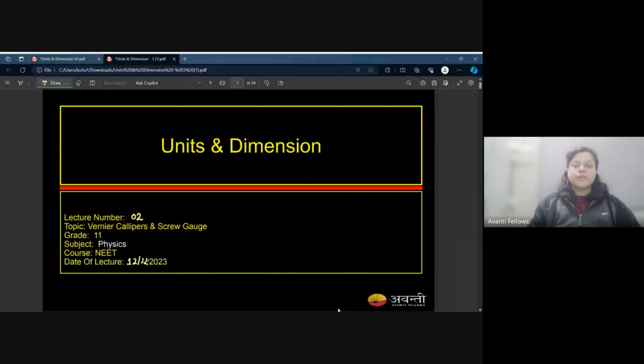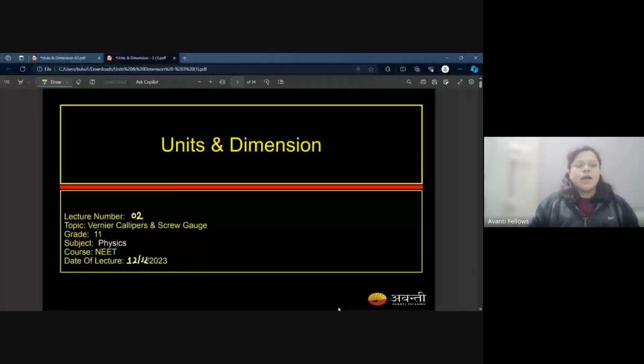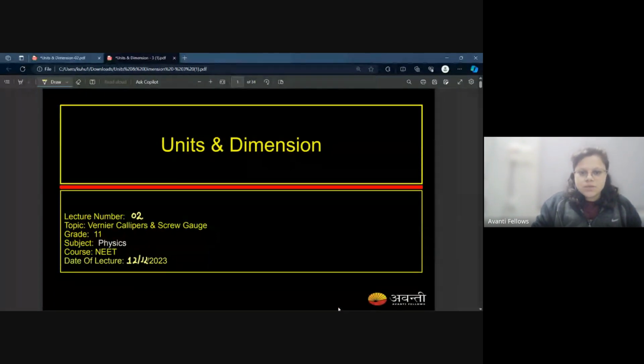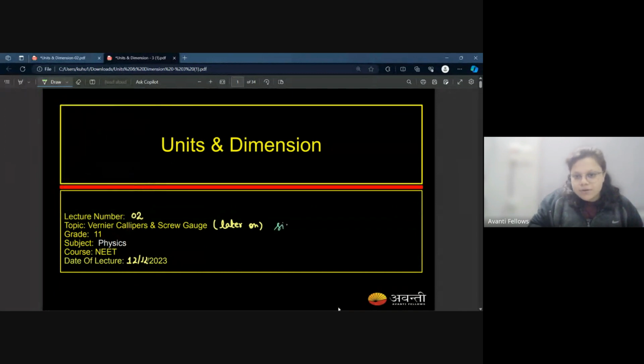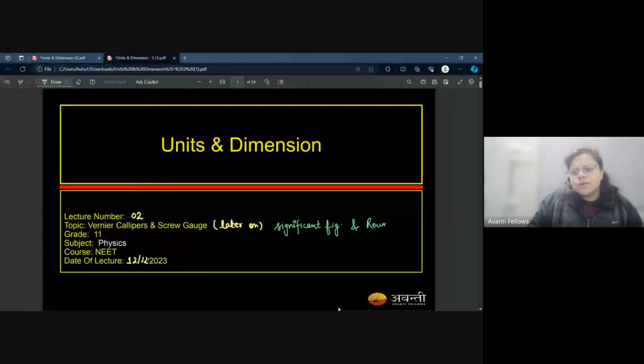This is the second lecture of units and dimension, and today we will talk about vernier calipers and screw gauge, but we will discuss it later on. For the time being, the most important thing I want to discuss with you is significant figures and rounding off.